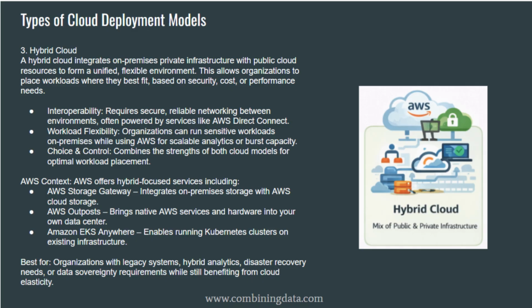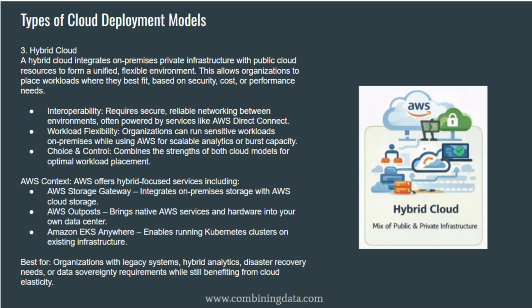From an AWS perspective, several services are designed specifically to support hybrid environments. AWS Storage Gateway allows on-premises applications to seamlessly use AWS Cloud Storage while keeping a local interface.